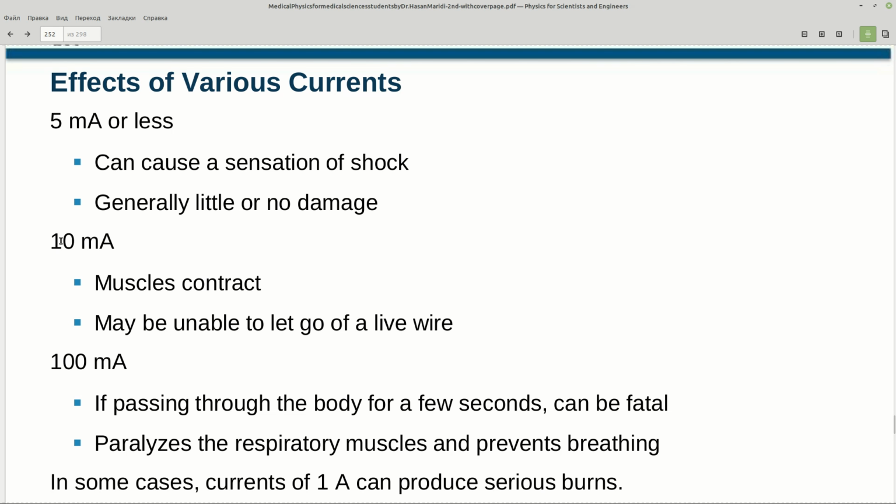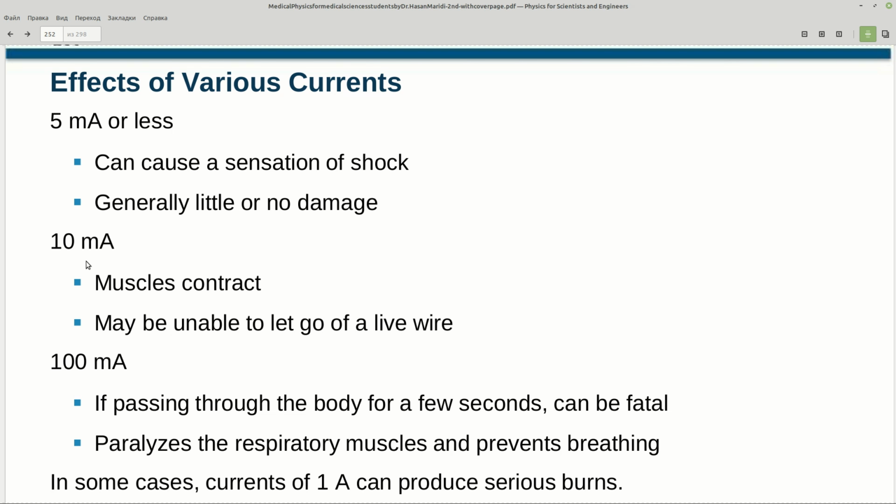These are resistors, the active resistance, so when the current goes through them, it gives a temperature effect. This thermal effect of the current going through gives us serious burns, and sometimes these burns could be fatal.